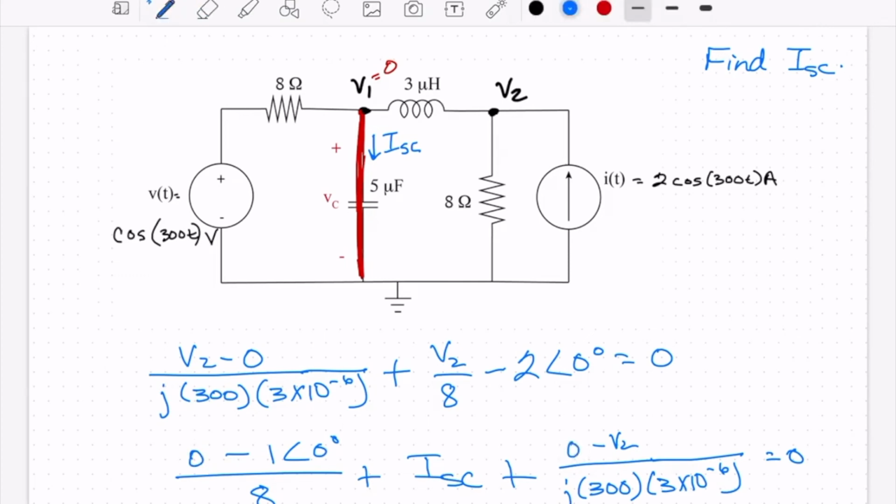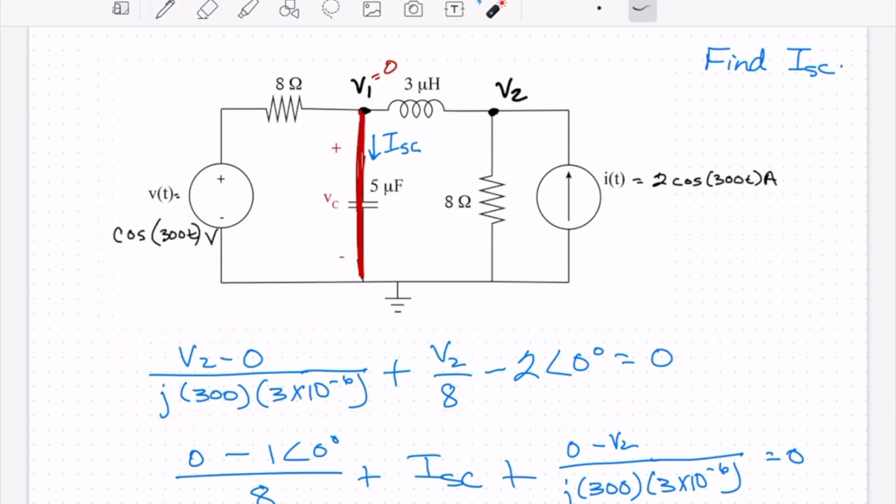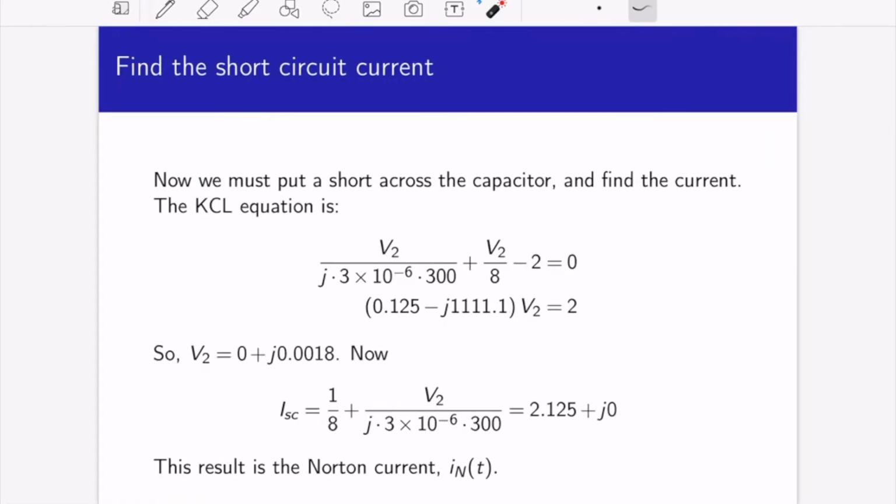When we look at these two equations, in the top equation we can solve for V2. In the bottom equation, once we know V2, we can solve for I short circuit, which is what we're looking for. So when we plug in the numbers and solve, we have our equation from the top. When you simplify it, you end up with this.